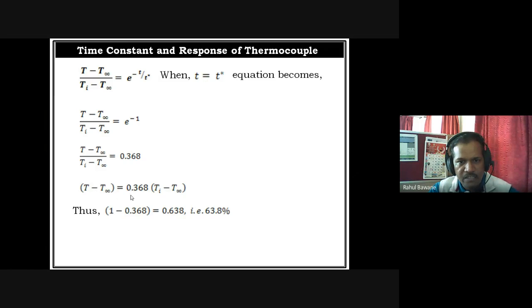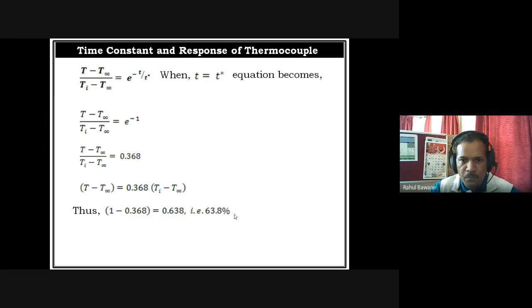So accordingly, we reach the conclusion that 0.368 of the initial temperature difference is the remaining part. So 1 minus 0.368 means the part attained, that is 0.632. It is nothing but 63.2%.